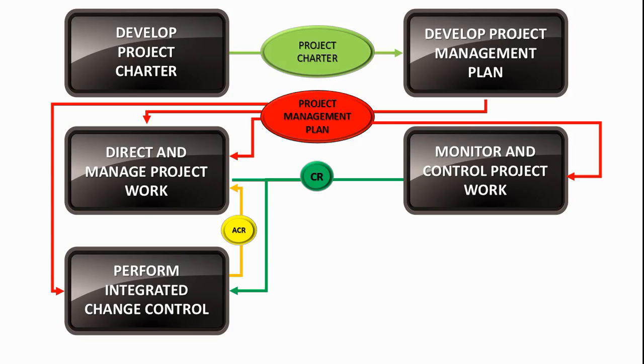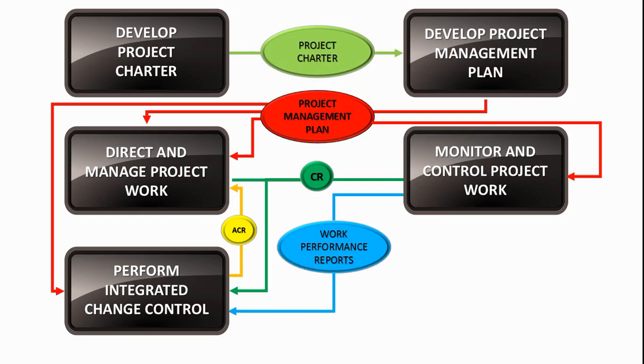Approved change requests also go to another process, but I'm not going to emphasize that right now. That will be for another chapter. But let's take a look at the relationship between monitor and control project work and perform integrated change control. Take a look at the relationship here. It's work performance reports. So your work performance reports come from monitor and control project work.